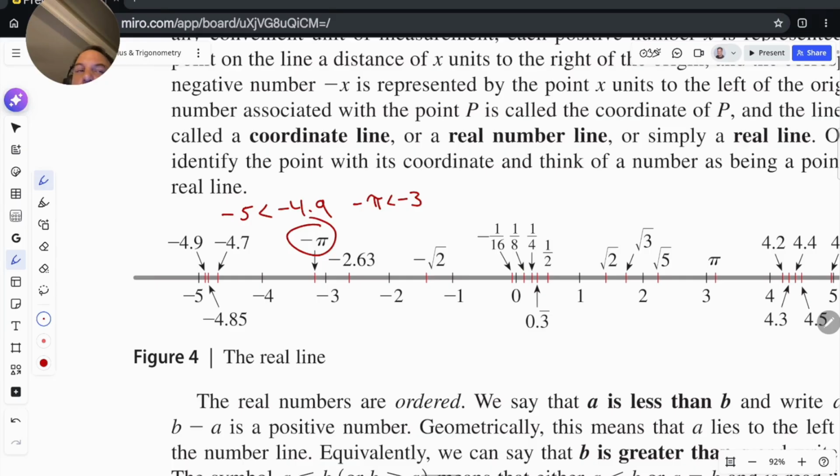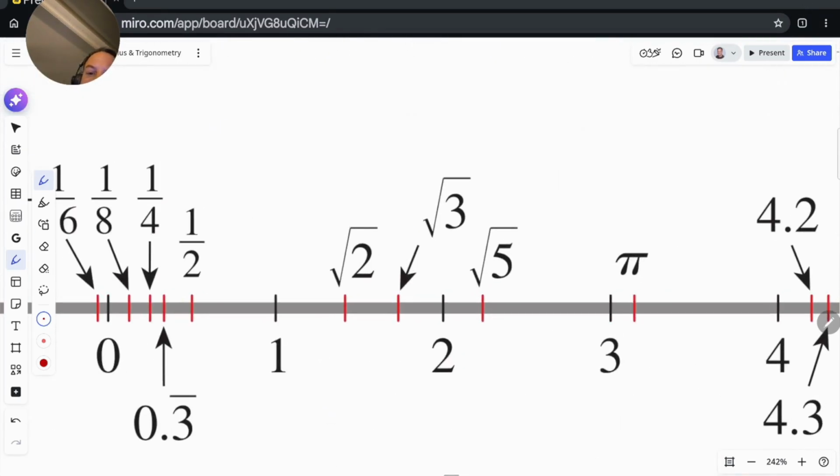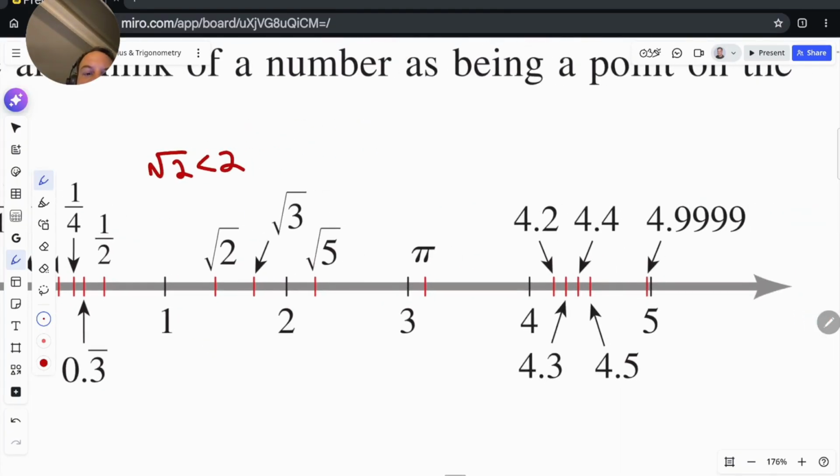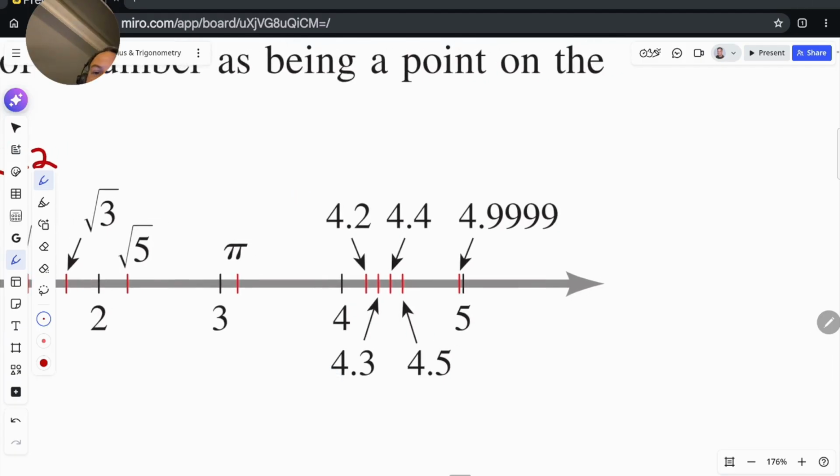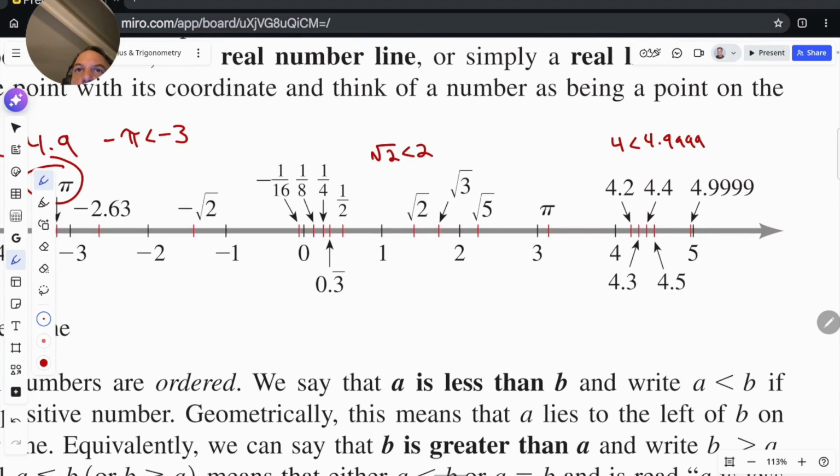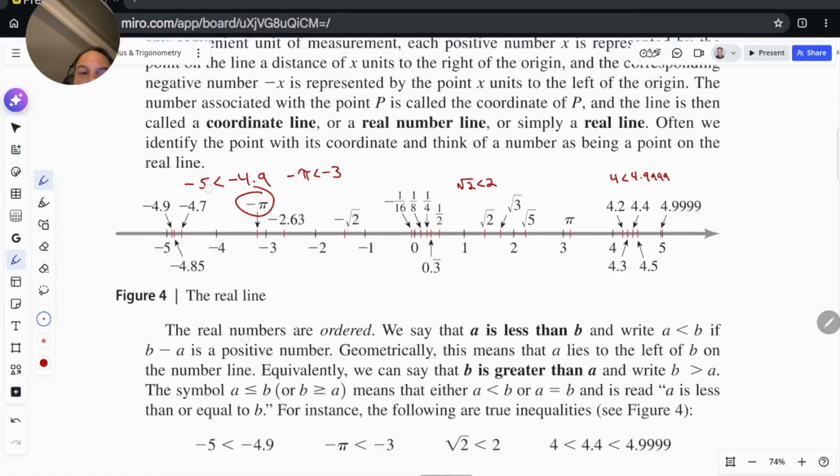The square root of 2 will be less than 2. Four is less than 4.9999. And so forth.